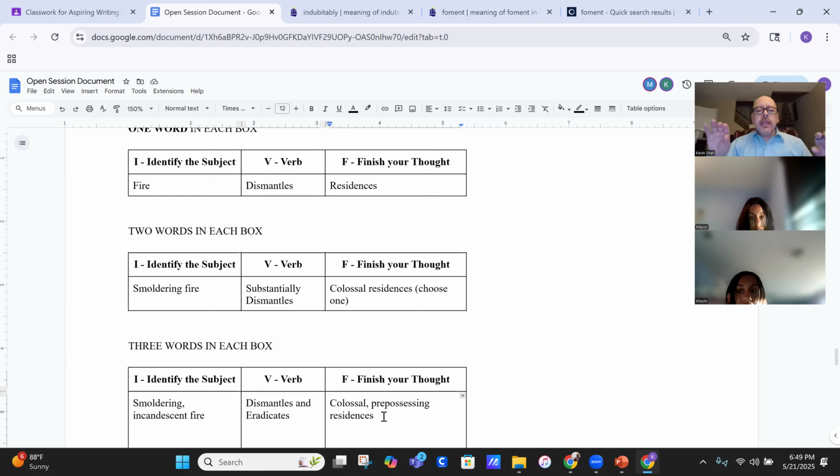Saying a house or an apartment is a little bit more descriptive and specific. Therefore, I would argue that saying house or apartment or farmhouse would be better. Why? Because it uses fewer words to get the point across. You could say the farm residences that people dwell in and they rent, but it's far too many words when all we have to say is the colossal farmhouses. Is that helpful?